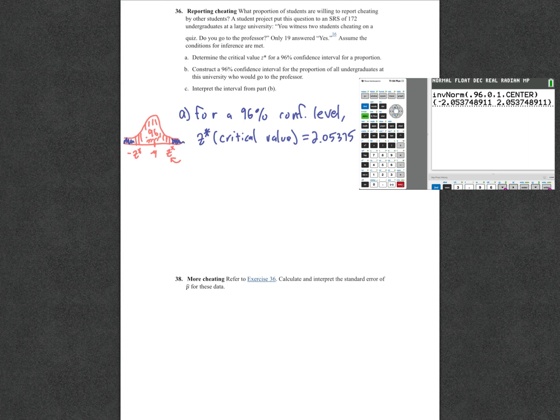And if this is 0.96, there's 0.04 if you do 1 minus 0.96. And if you divide that by 2, 0.02. That's how much area is on the left and right. So there'll be 0.02 here, and then 0.02 here.